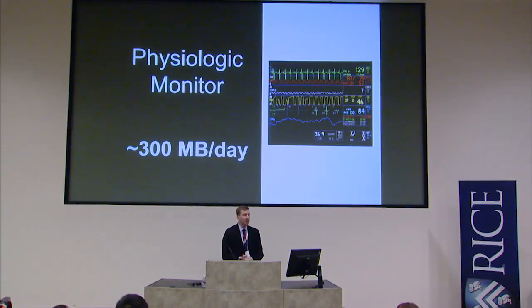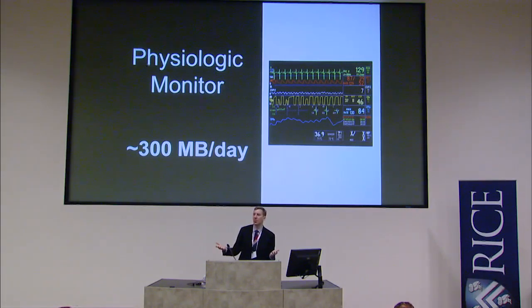You probably see these on TV. They beep like crazy, and they generate a fairly significant amount of data. Maybe not Google or internet scale, but for a hospital, this is a tremendous amount of data. Each monitor generates approximately 300 megabytes of data a day, right? So when you compare this data to genetic data, you're talking about a week's worth of time.